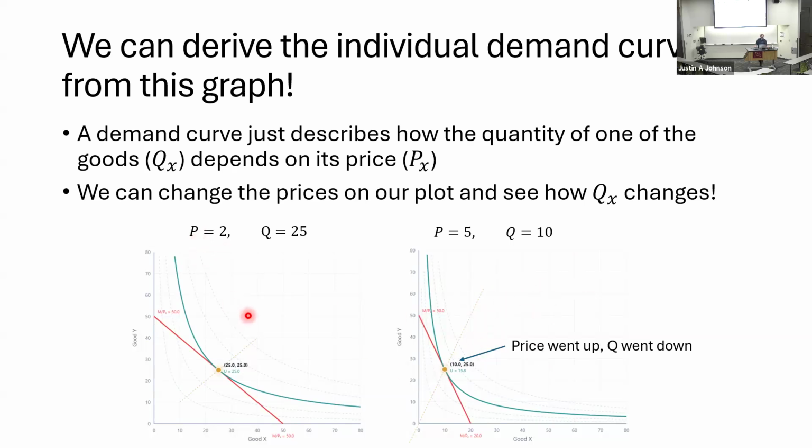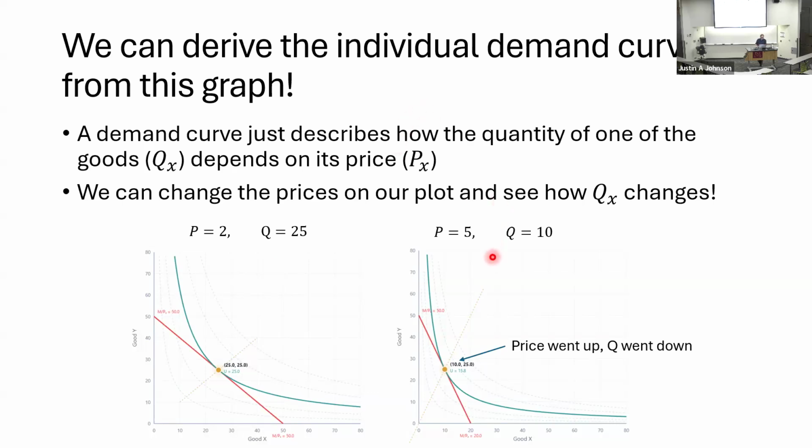But in these two different graphs here, all I did was drag the slider for the price of good X. Here, this is one we've seen before. When the price of good X is 2, that tangency point happens to be where the quantity of good X is 25. So that's just the result of maximizing utility subject to their budget constraint.